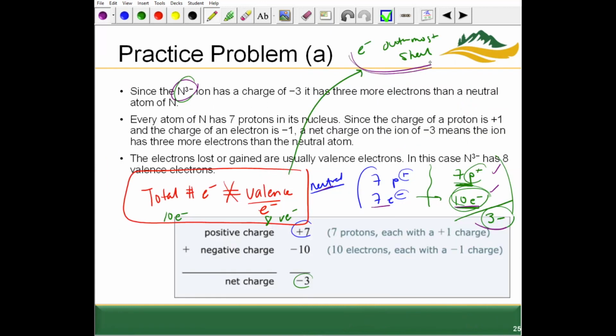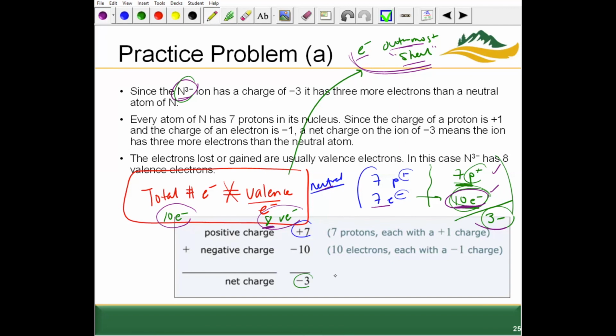To show you what I mean here, that the valence electrons are the electrons only in the outermost shell, let's look at nitride and see what shells or what orbitals those fill up. So for nitride altogether, it has 10 total electrons. Nitride for the valence electrons is 8. Let's see how these 10 work out and see why we're saying that there are 8 valence electrons, the number of electrons in the outermost shell.